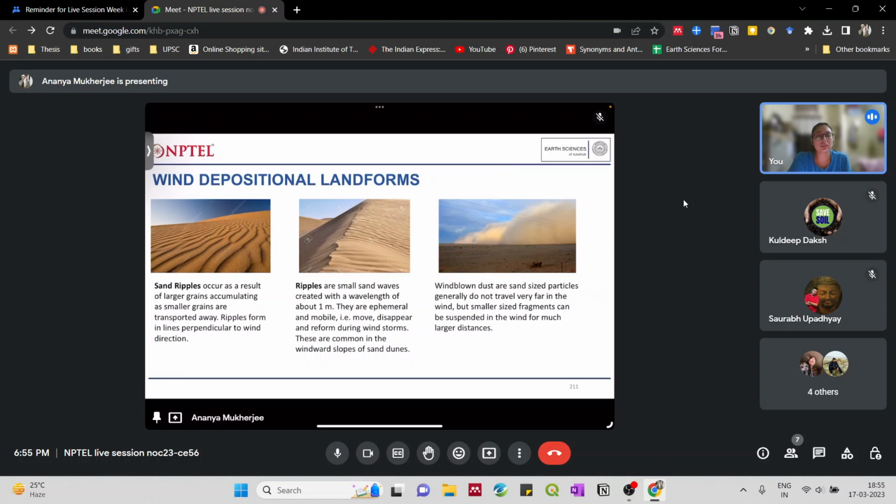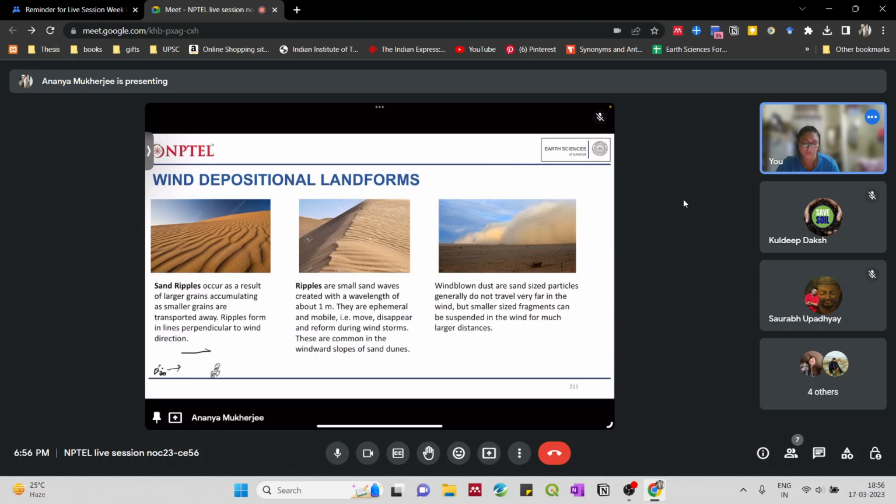These actually occur as a result of larger grains accumulating as smaller grains are transported away. Suppose you have coarser grains and smaller grains, all being transported at one place. Suppose the coarser grains start depositing.